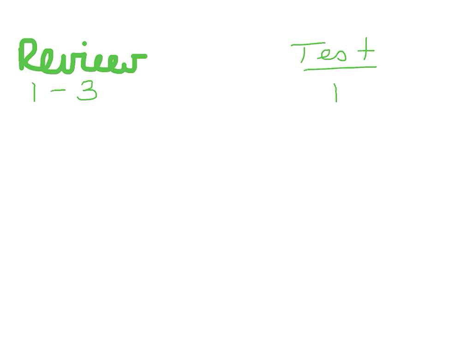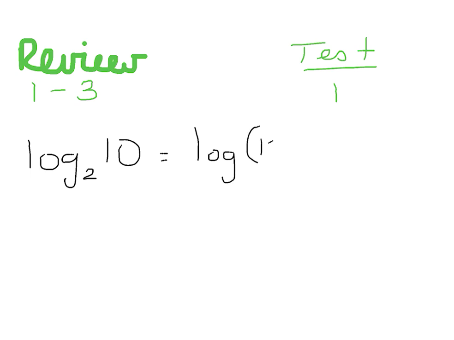Now, with the change of base formula, when you have log base 2 of 10, remember, your calculator does not understand base 2. So when you type it into your calculator, you're going to type the log of 10 divided by log of 2. I want you to notice that when I did that, I closed out my parentheses.